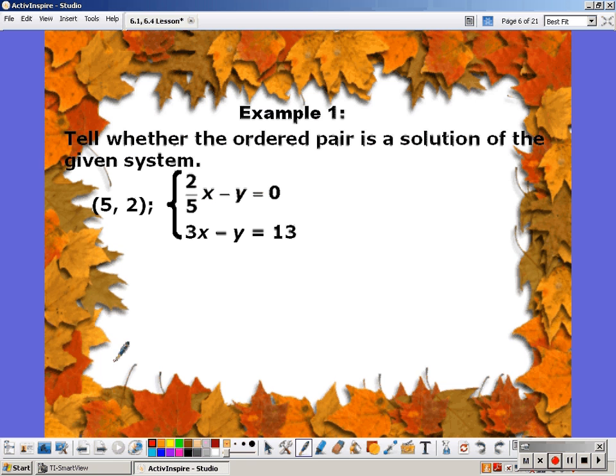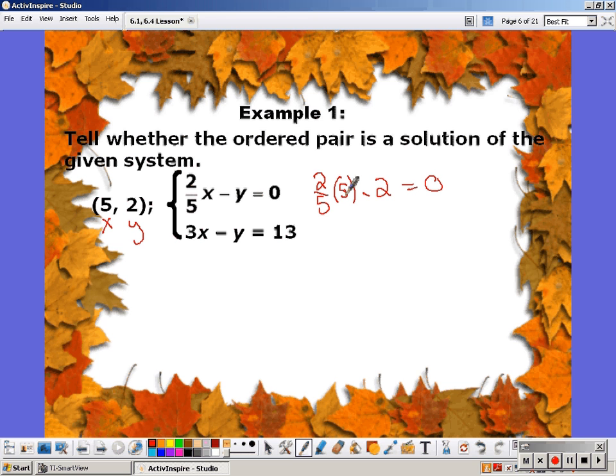So let's check and see whether (5, 2), whether when x is 5 and y is 2, makes both of these equations true. So we have two equations and we know that they go together because they have this bracket on the side. So if we plug in 5 for x, so instead of x we put 5, and we plug in 2 for y, will that equal 0?